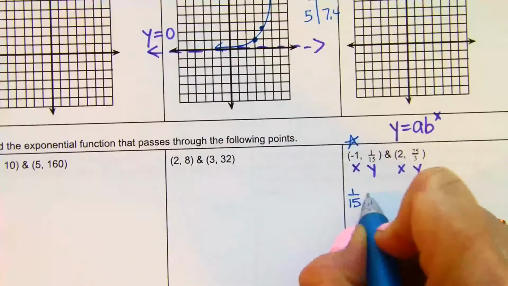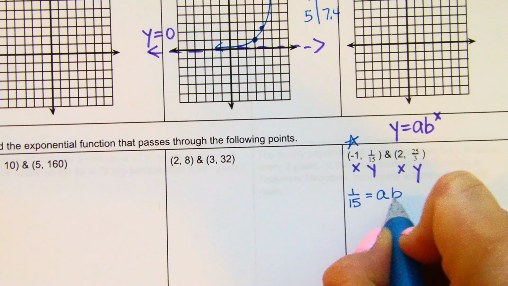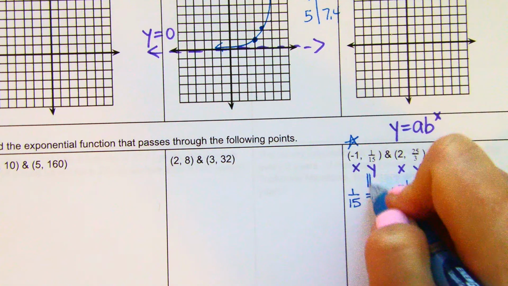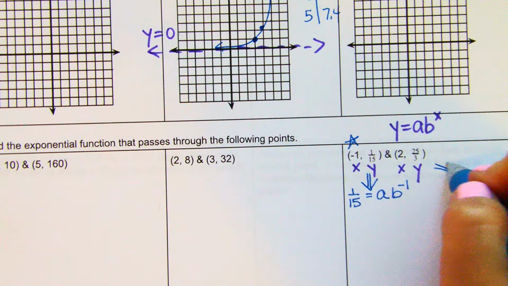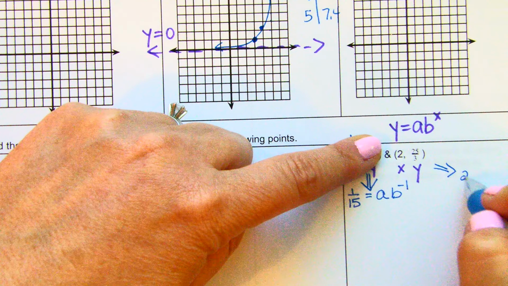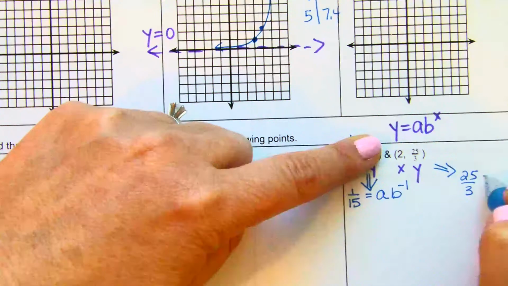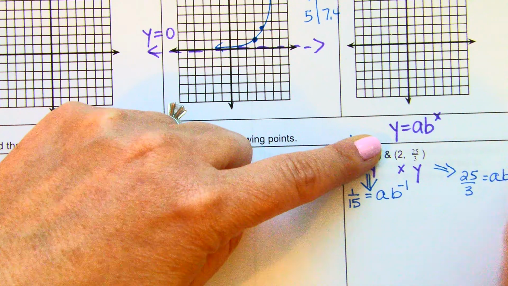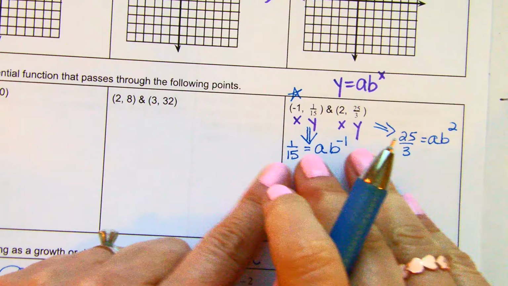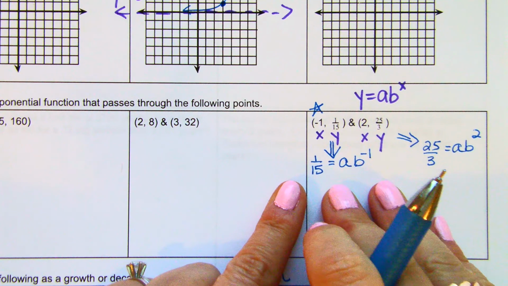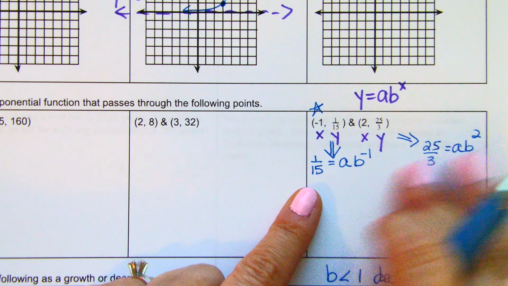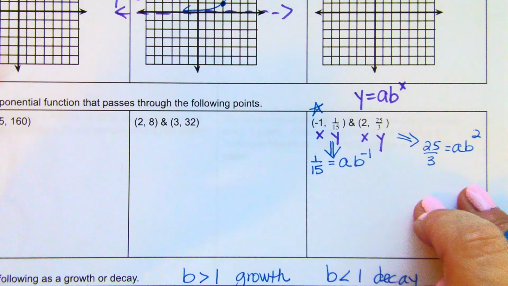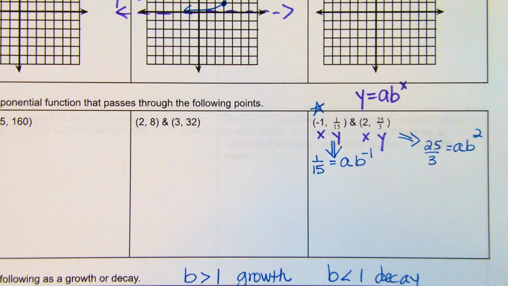So we're going to write two equations, a system of equations. So I have 1/15 equals a b to the negative 1. That's that one. And this one gives us 25 over 3 equals a times b squared. Okay, so these are our two equations. What we want to do, because it's multiplication, it's an exponential equation, we can't just add them like we did with substitution and elimination when you did systems before.